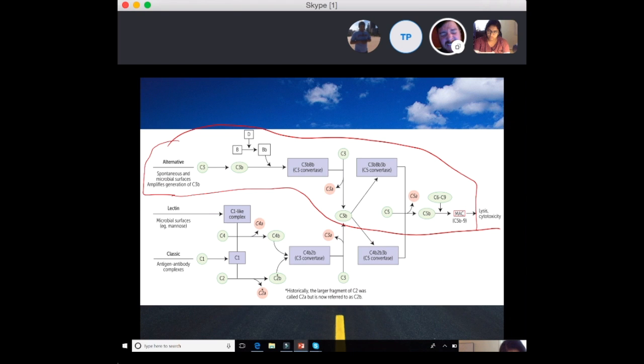But it is spontaneous, but that's not going to get tested on. Microbial surfaces is important, and it starts with C3. So what does that mean?